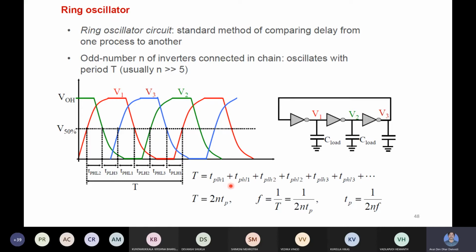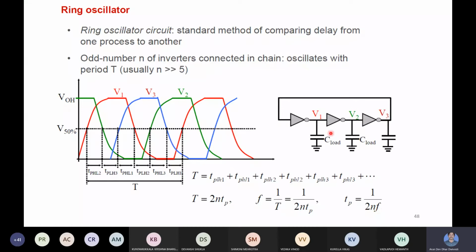Every stage contributes some delay, therefore the relation is T equals 2 times N into TP, where TP is the delay of one stage. Then frequency F equals 1 upon T, which is 1 upon 2 times N into TP. So TP, the propagation delay, is 1 upon 2 N F.